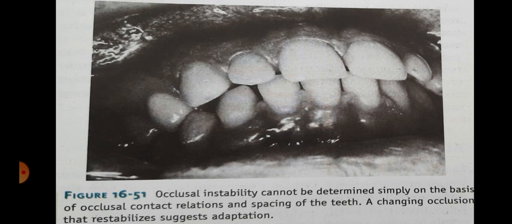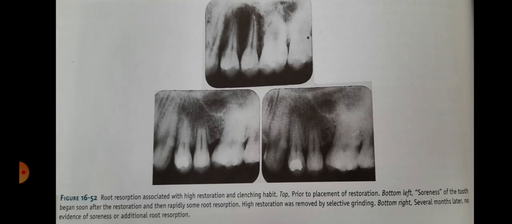A response to bruxism may be loss of tooth structure, increased tooth mobility, root resorption, as you can see in figure 16.52, or decreased tooth mobility and increased density and thickness of the supporting tissues.